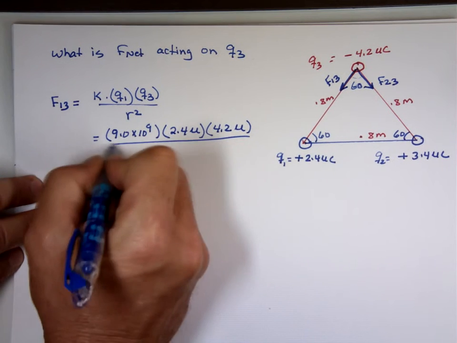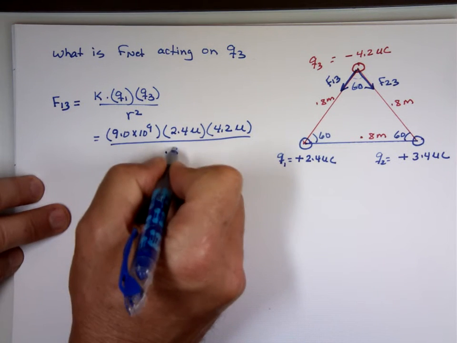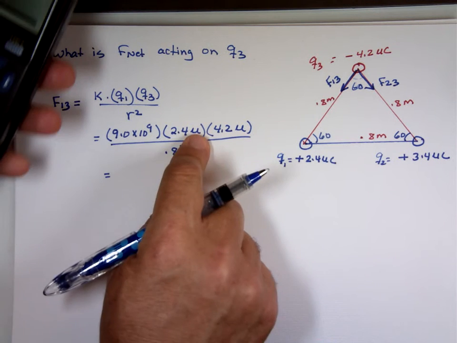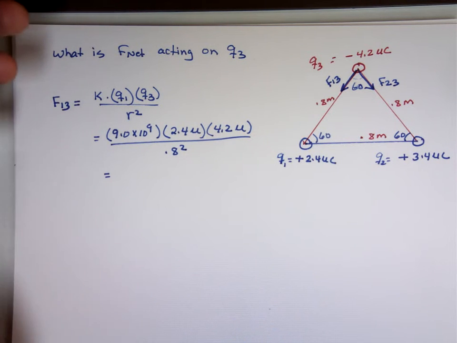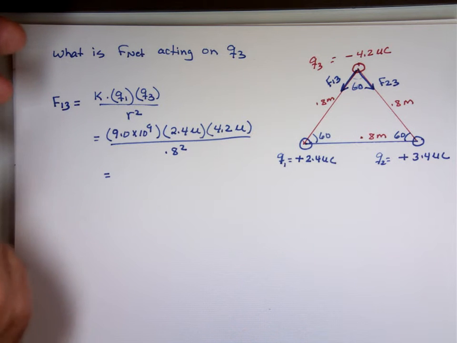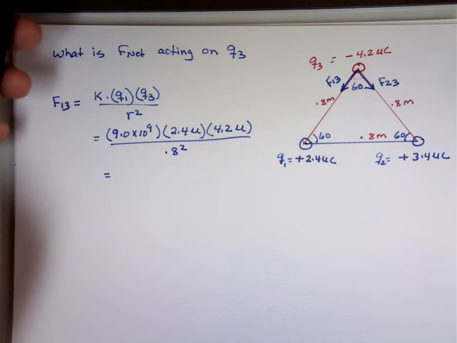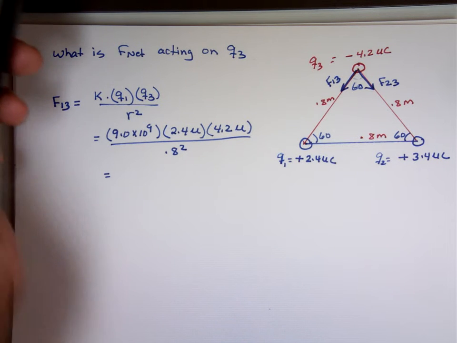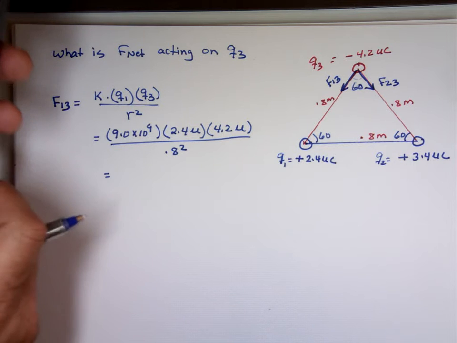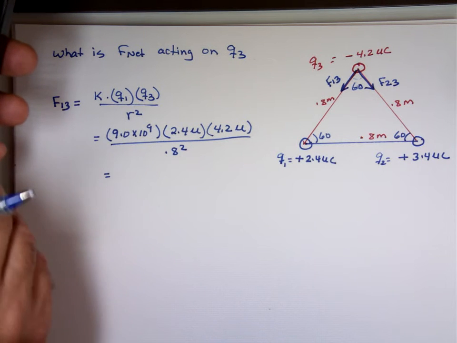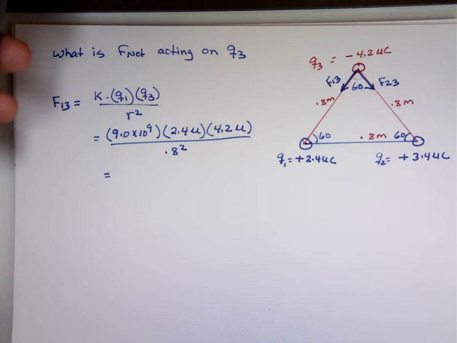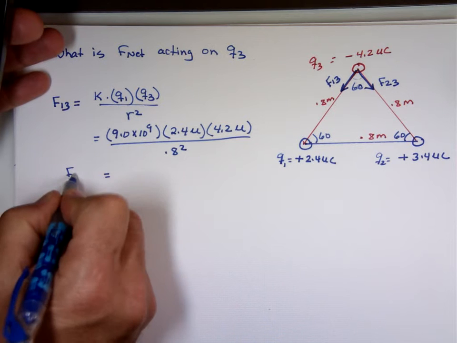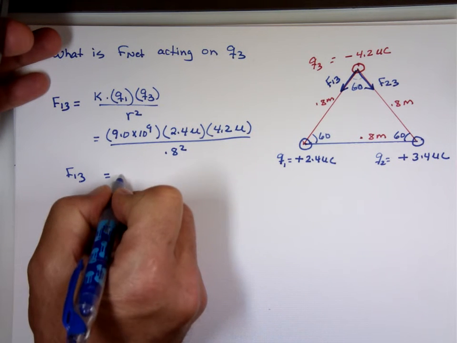Over the distance squared, 0.8 squared. Again, the micro here, 10 to the minus 6. Don't forget that. 9 e to the 9 times 2.4 e to the negative 6 times 4.2 e to the negative 6 divided by 0.8 squared. F13 is equal to 0.142 Newton.